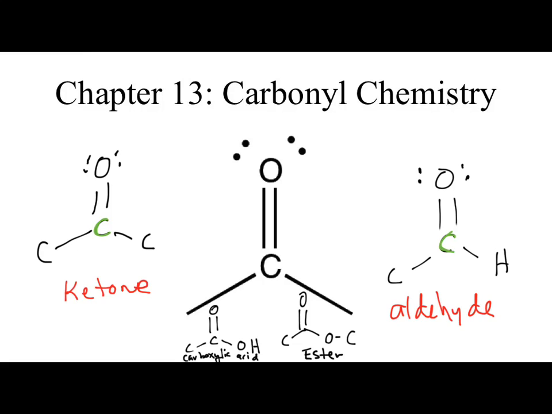What happens if, just to make this super crowded, instead of an oxygen, I make it a nitrogen? Anybody know what that functional group is? The amine would be the NH2, but when we put the NH2 next to the carbonyl, it changes the chemistry and we get an amide.